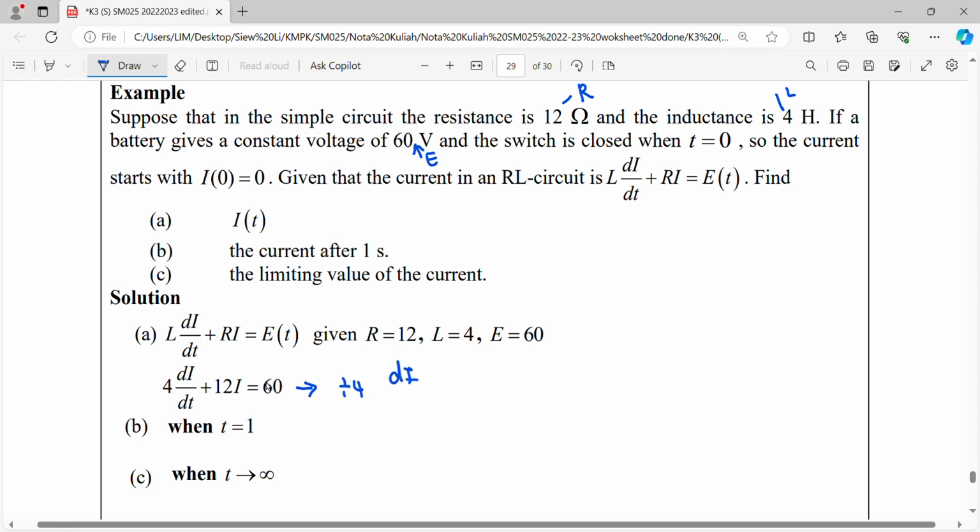So di/dt equals 12 divided by 4, 3, and 60 divided by 4, 15. So this is our DE here.